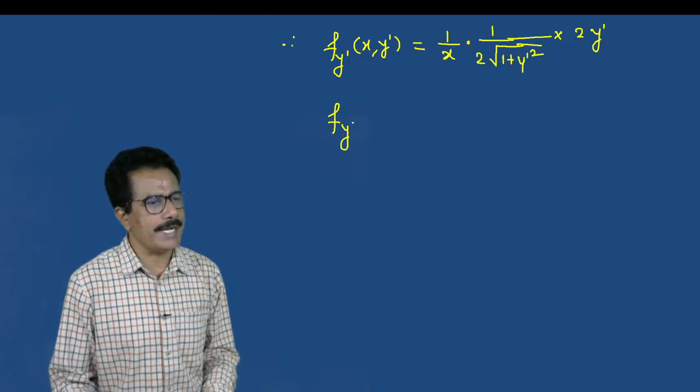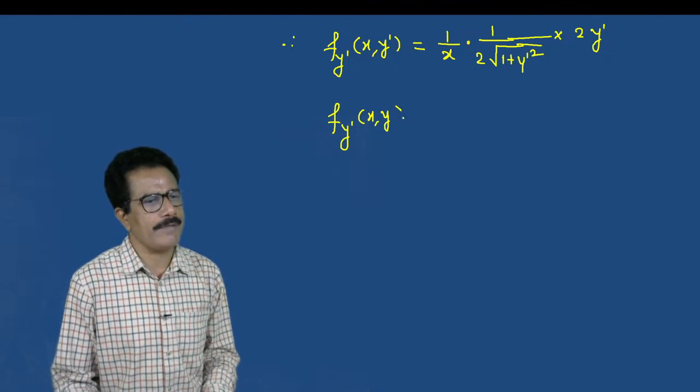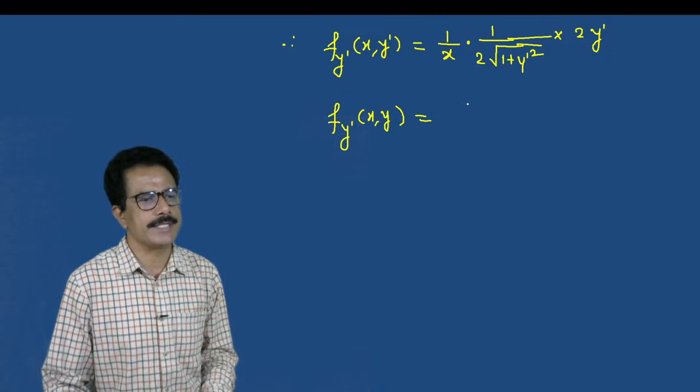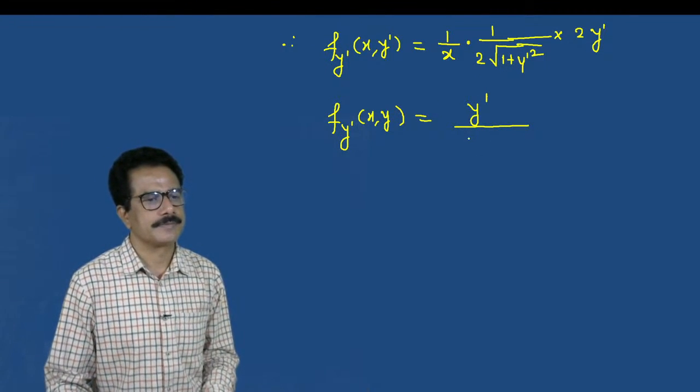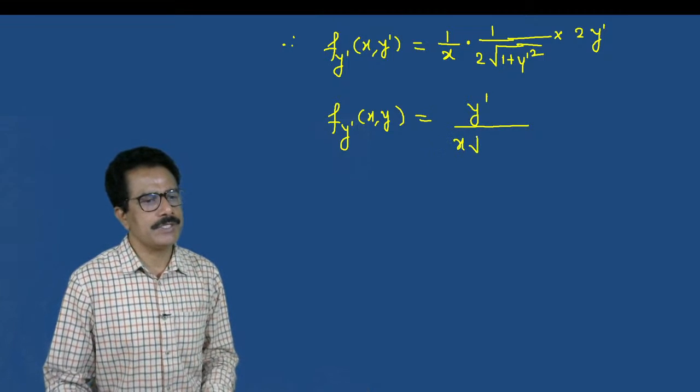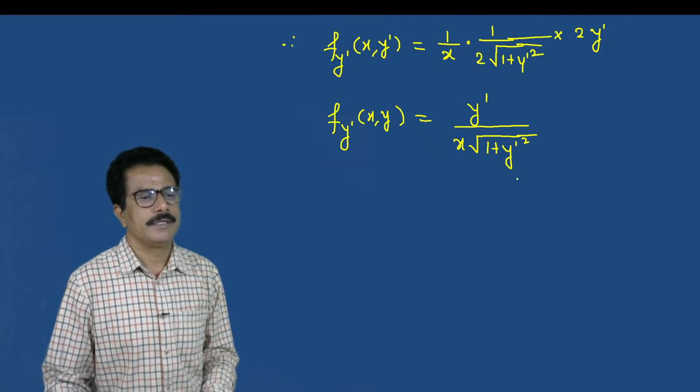So f y dash of x comma y dash, which is equal to 2 cancel, y dash divided by x into root 1 plus y dash square.